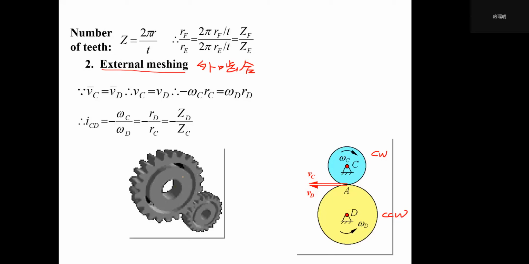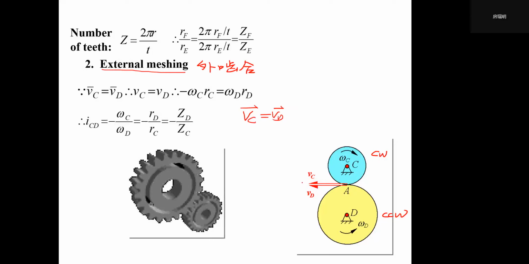So once again, this point A will be a common point of gear C and gear D. So it always should be VC vector equals VD vector.